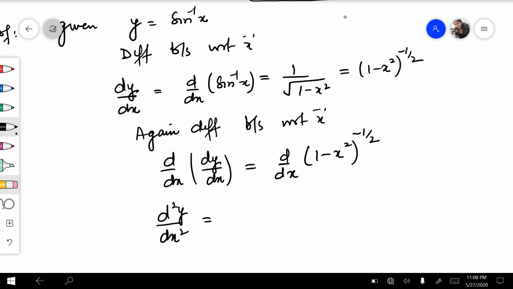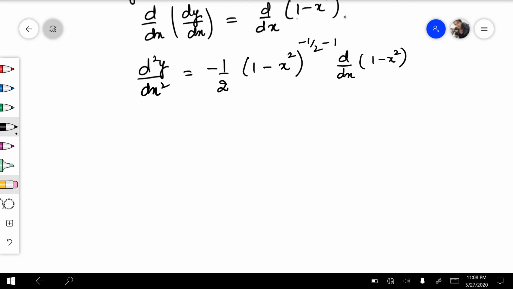Right hand side पे हम x raised to power n का फॉर्मूला अप्लाई करेंगे, which becomes n into x raised to power n minus 1. Since I am taking this as x but it is not x, तो इसलिए इसको फिर से differentiate, that means chain rule, which is equal to d2y upon dx square minus 1 by 2 1 minus x square raised to power minus 3 upon 2.